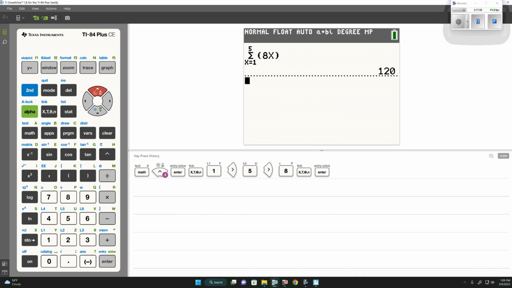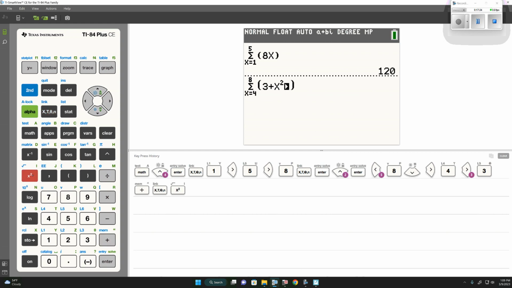I think the first one we had was, what was it? 4 to 8 of 3 plus x squared. I think is the first one we did. Back a page or two. Yeah, so math, 0.